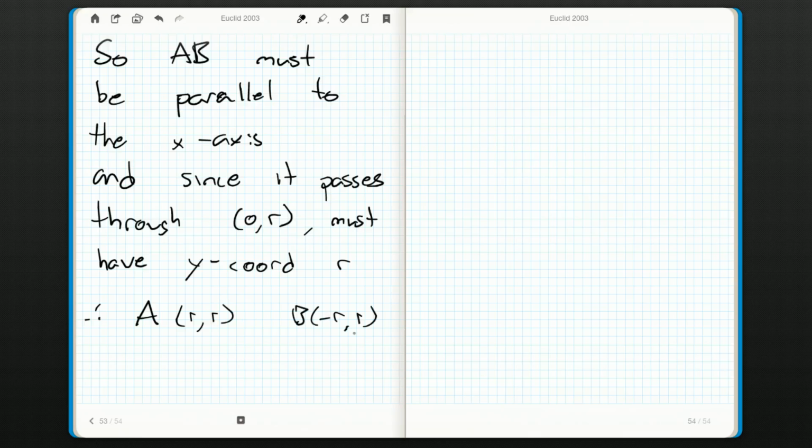Not that hard to see after that point. So I think that's justification of those guys. That's fine.